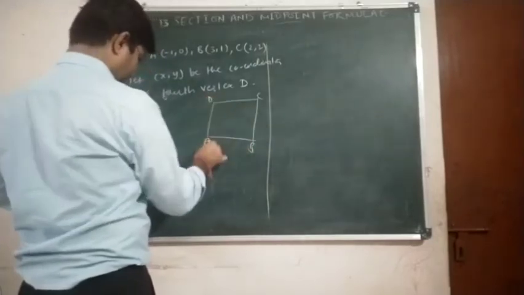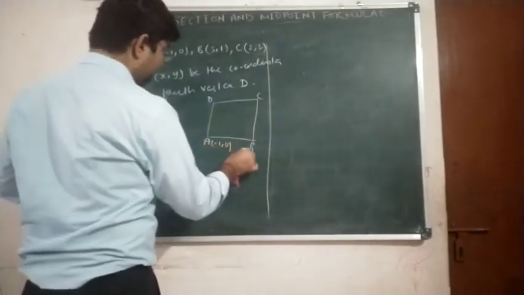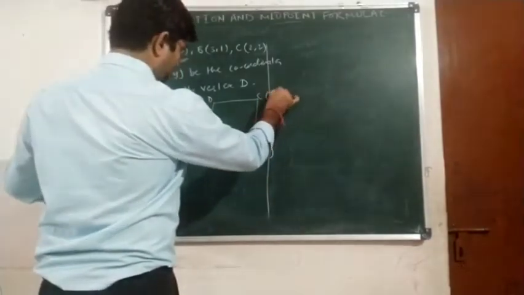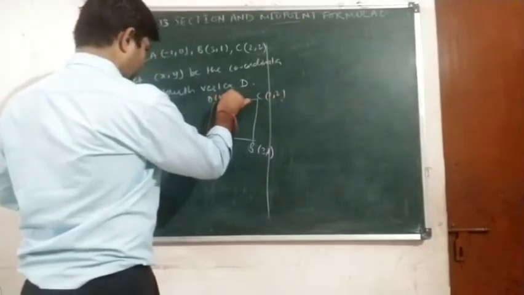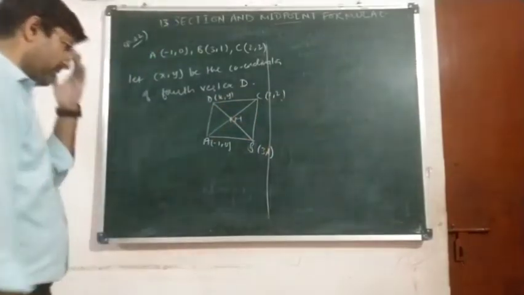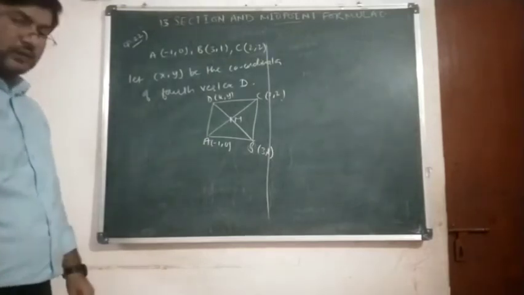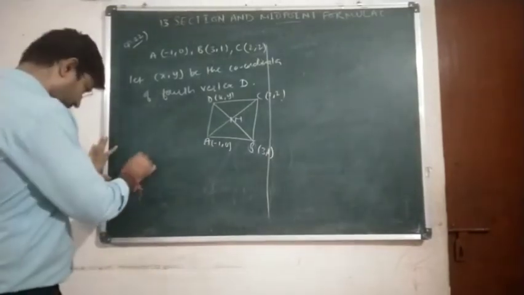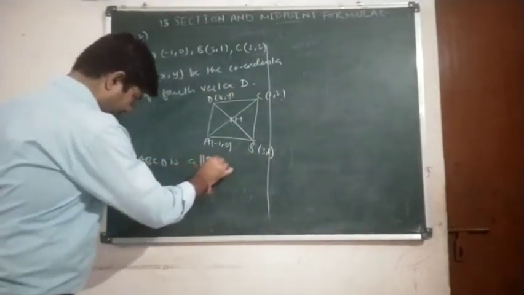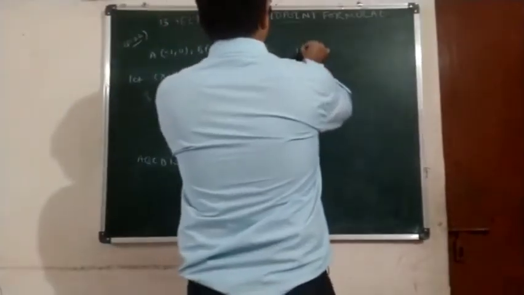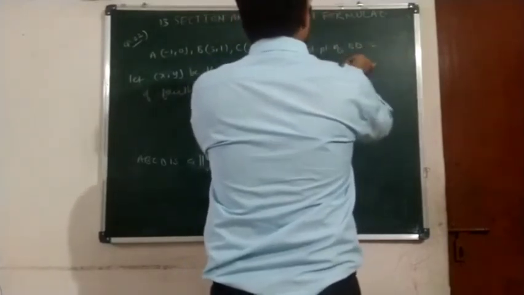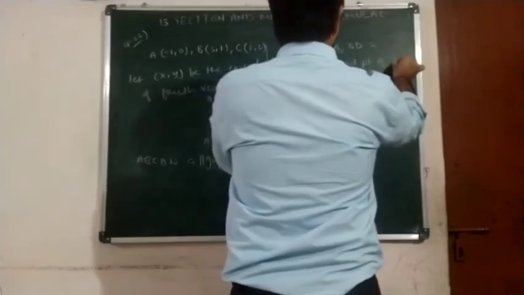So A(-1, 0), B(3, 1), C(2, 2) and D is (x, y). Again, since it is a parallelogram, the midpoint of AC will be equal to the midpoint of BD, so the same result we will use. Since ABCD is a parallelogram, the midpoint of BD is equal to the midpoint of AC.